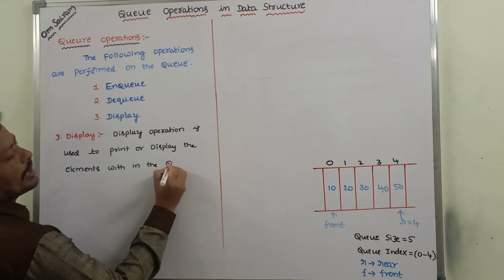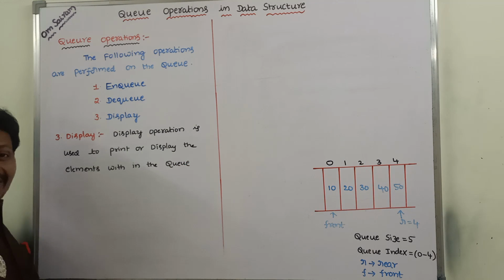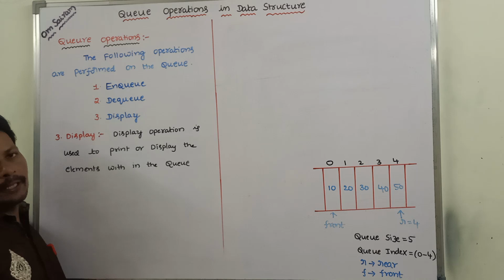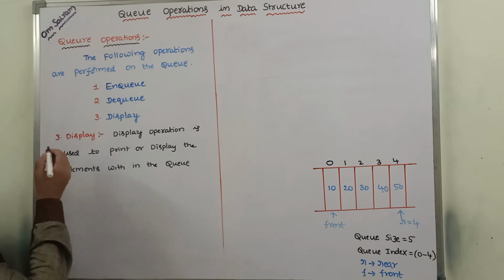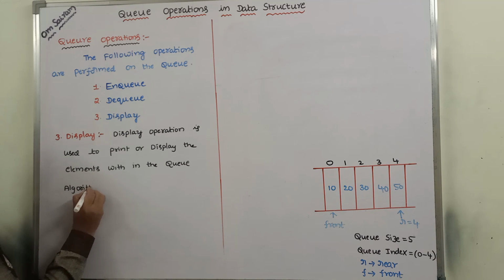So display operation is mainly used for displaying or printing all the elements within the queue. Then what is the code for display function? So we have to write the algorithm.